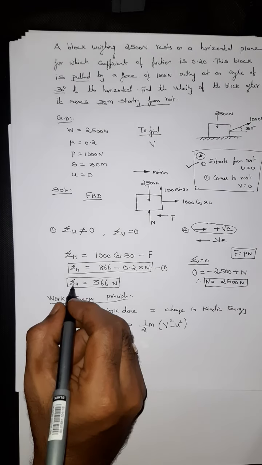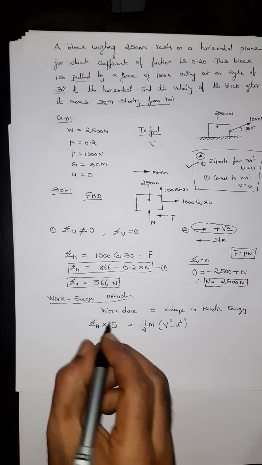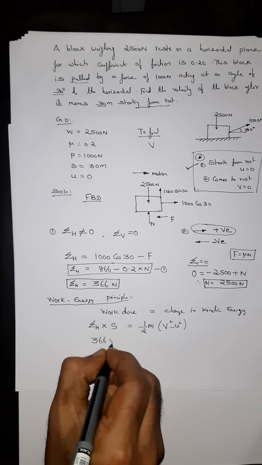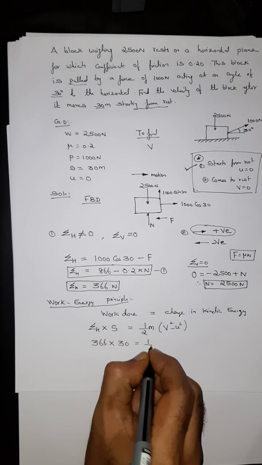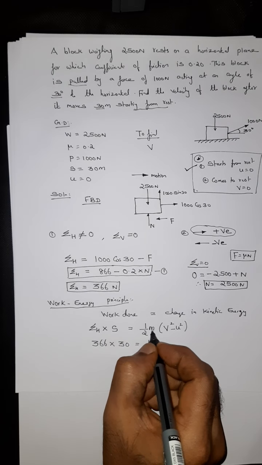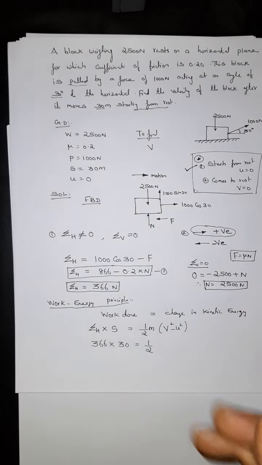Substitute all the values here. Summation H is 366. Displacement or distance is 30 meters. 1/2 m. Here weight is given, right?